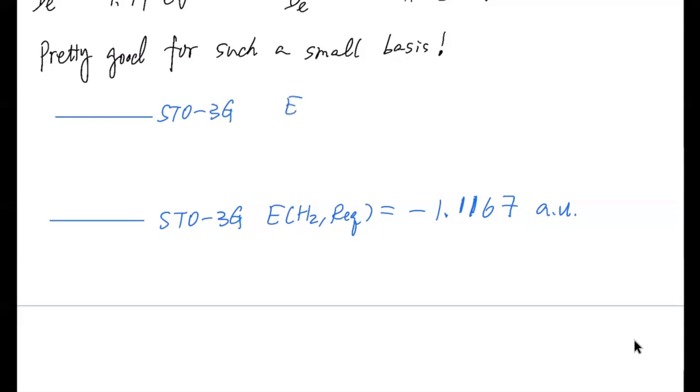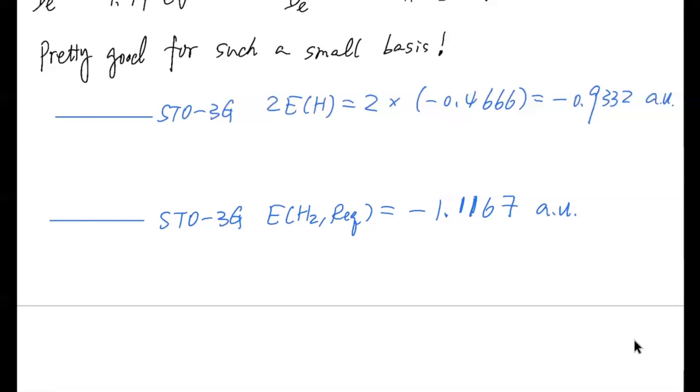And the STO3G hydrogen atom, right? You have two hydrogen atoms actually, so this is going to be 2 times negative 0.4666, and this is negative 0.9332 atomic unit.